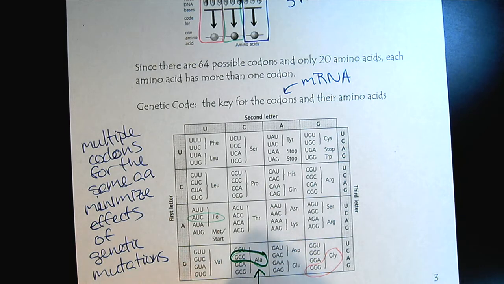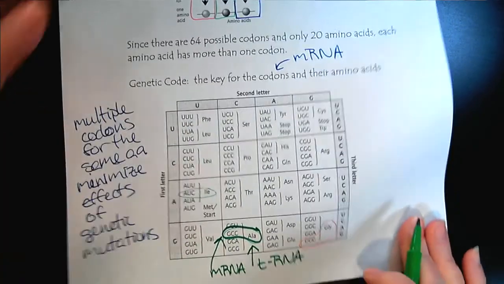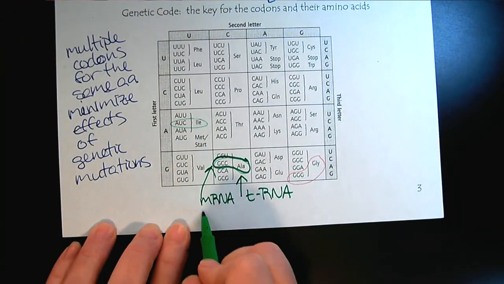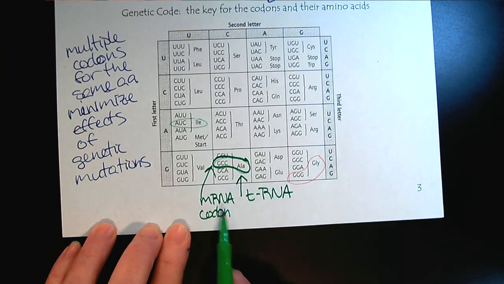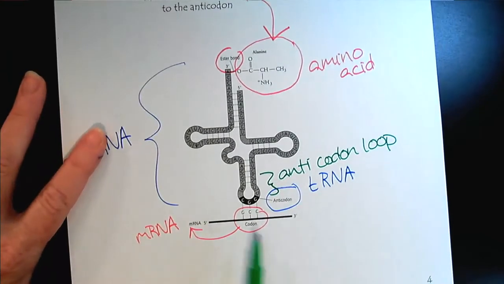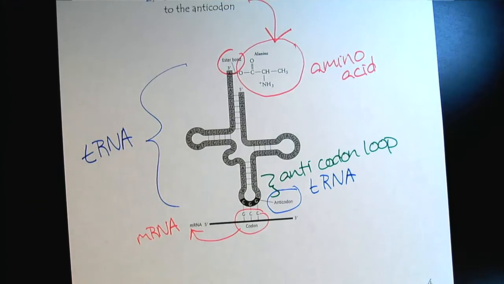So right, remember the GCC is on the mRNA and the alanine is on the transfer RNA. Oops, you can't see what I'm writing. Sorry. Okay, right? So the GCC, that was the codon that tells the transfer RNA to bring in the alanine. All right, so that's right there. So there's our codon and our anticodon and our amino acid.